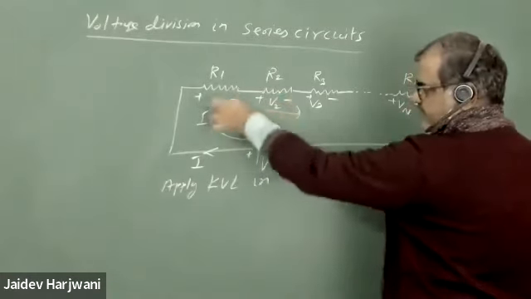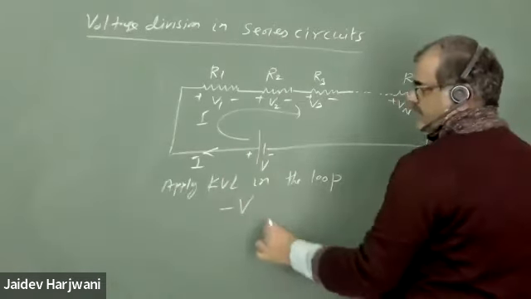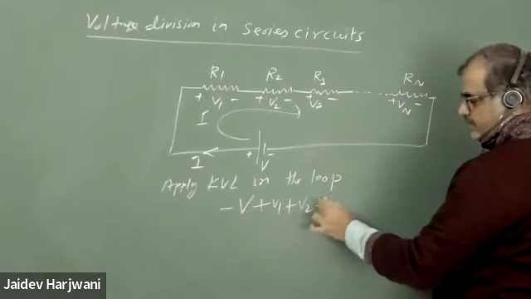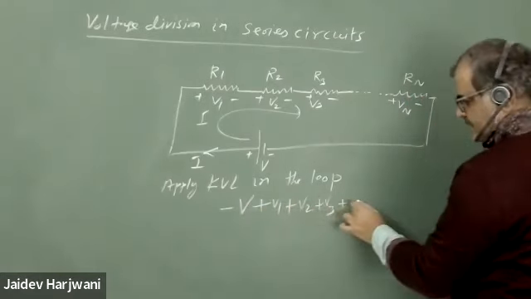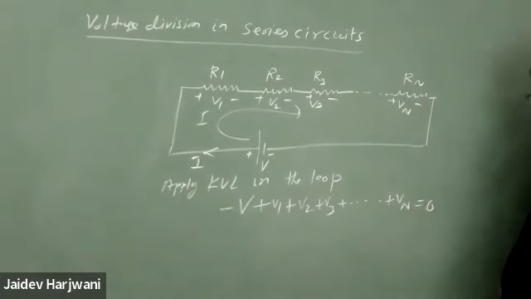If I'm moving in the direction of current, starting from here, I'll write minus V plus V1 plus V2 plus V3 plus Vn equals to 0.